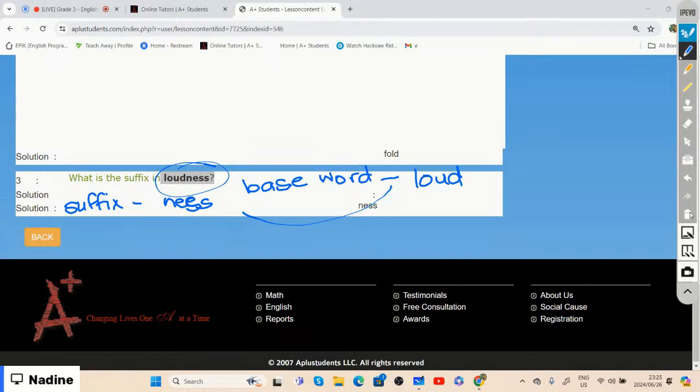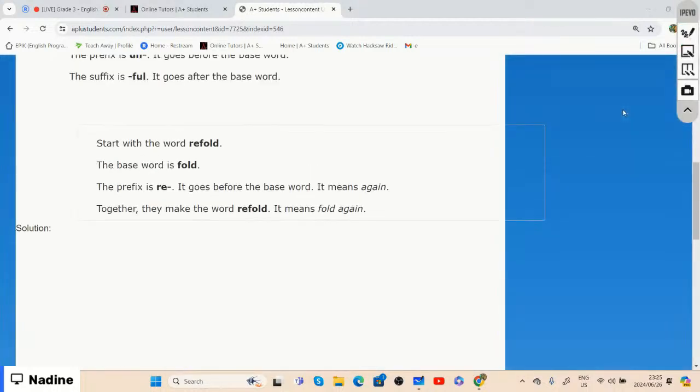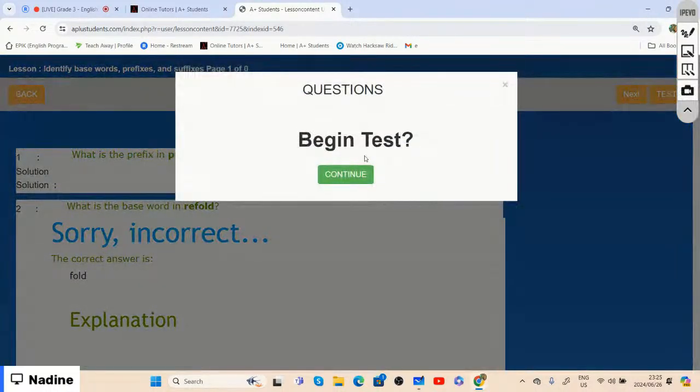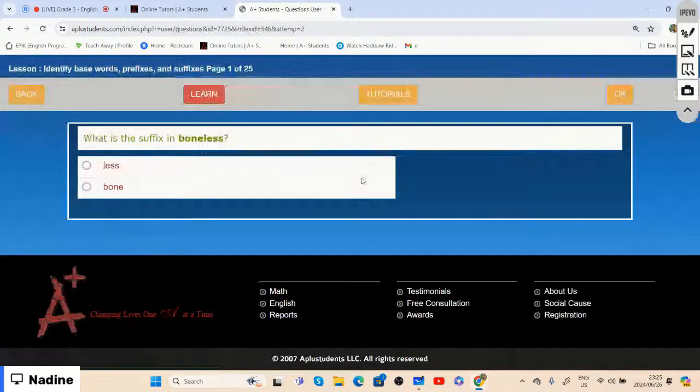All right, let's go to our test, where we're going to identify base words, prefixes, and suffixes. All right, so what is the suffix in boneless? Is it less or is it bone? The suffix in boneless. Is it less or is it bone?